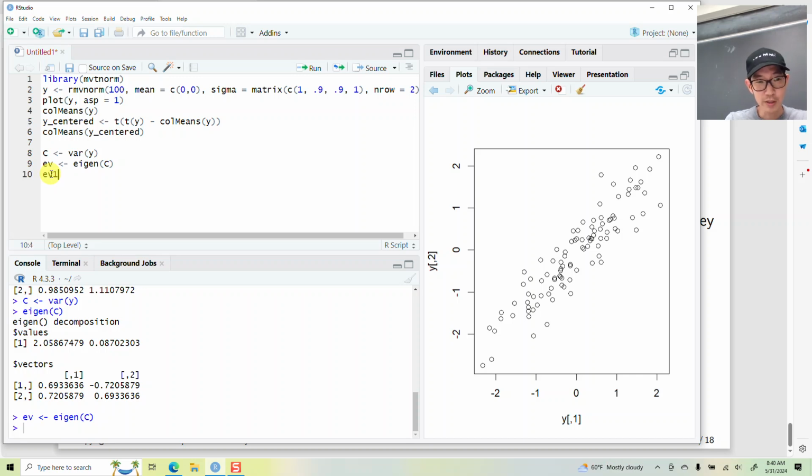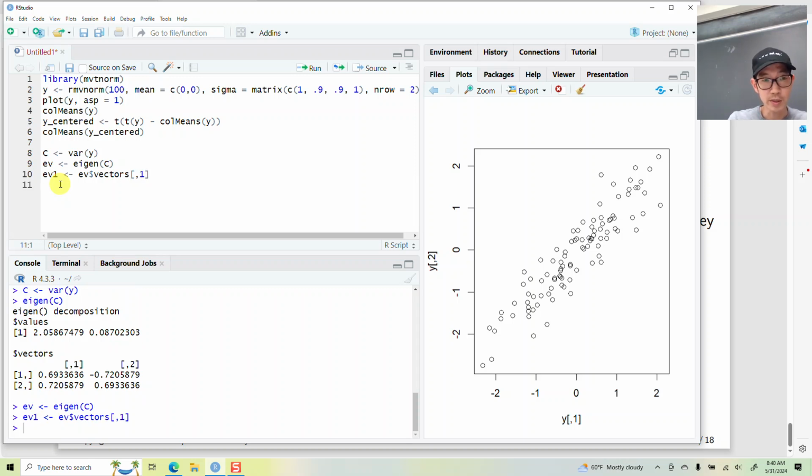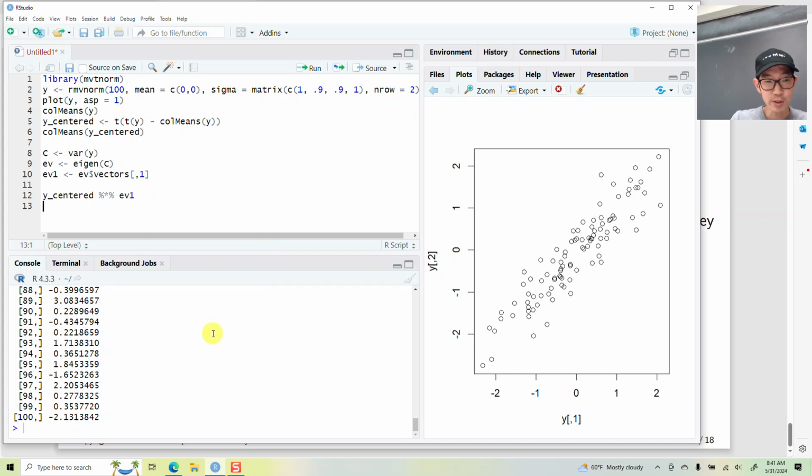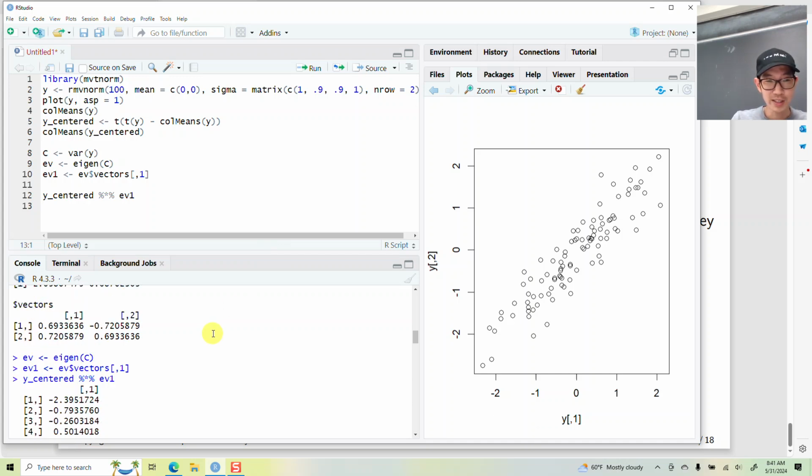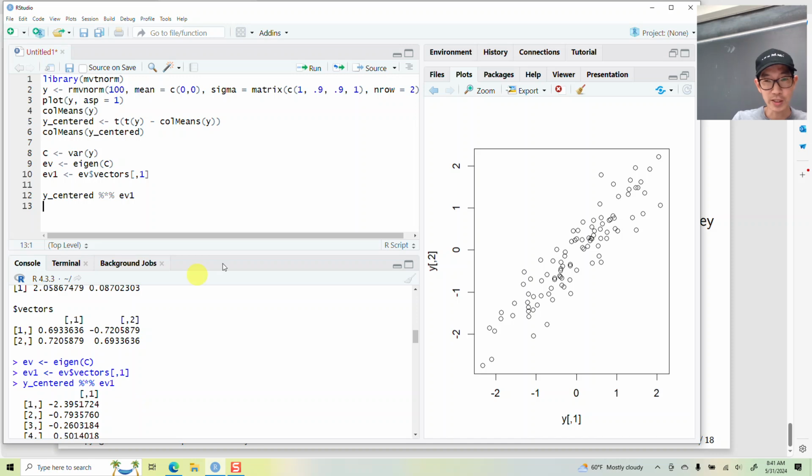So I'll call this eigenvector 1, and I'll take the first column here, EV1. And now I will take my y-centered values and multiply it by EV1. And this is the result of my data.